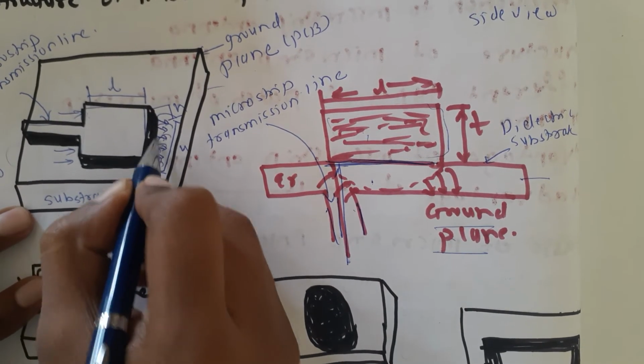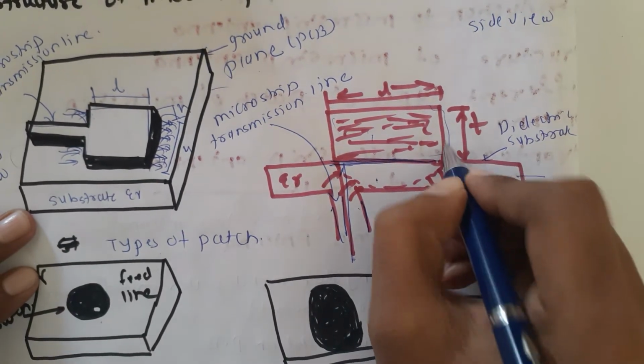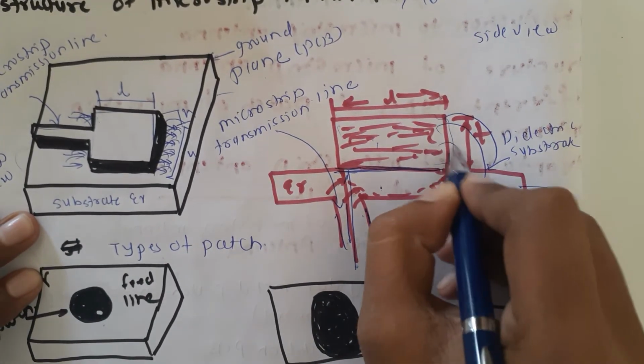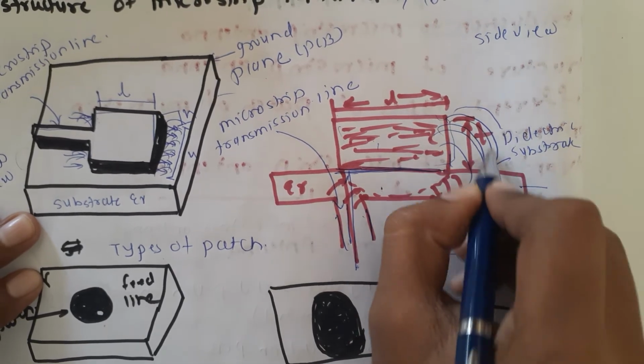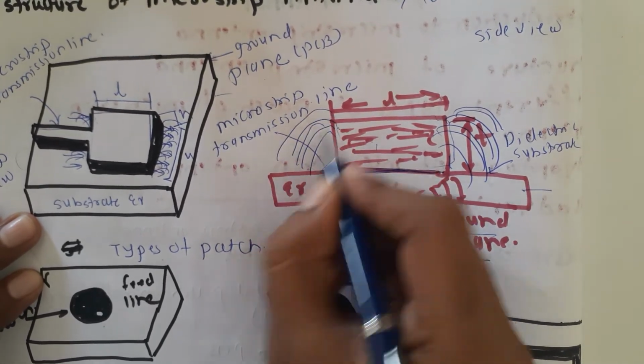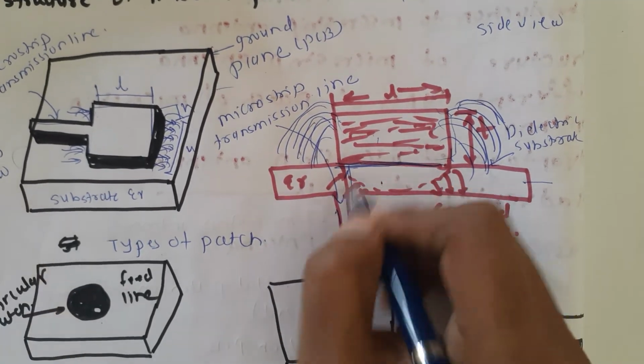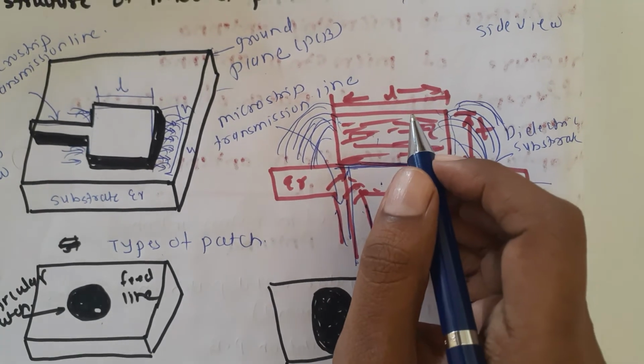So this will be on one side and this will be on another side. Radiation will be like this on both sides, but it should be on the half plane, not on both planes.